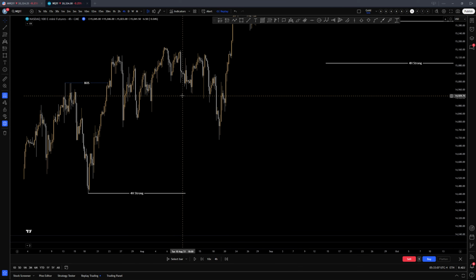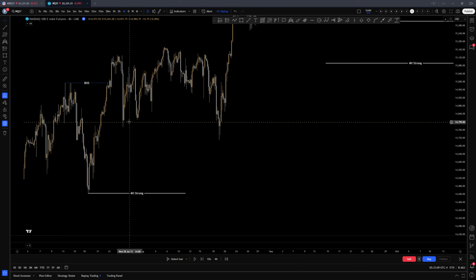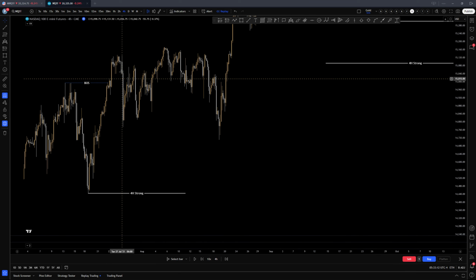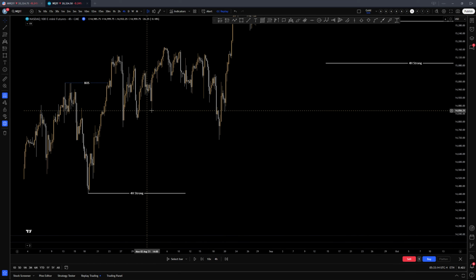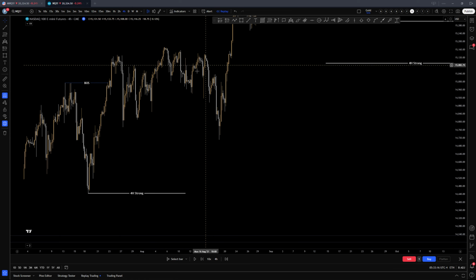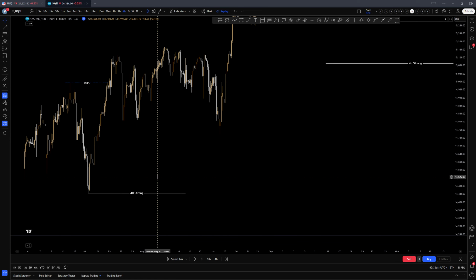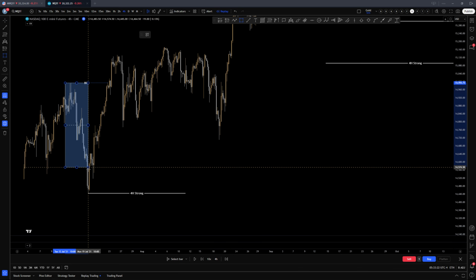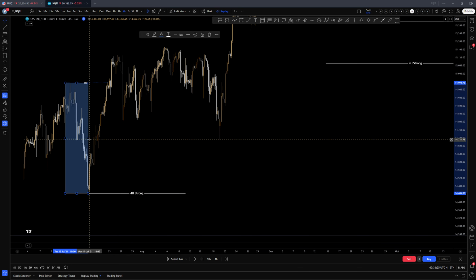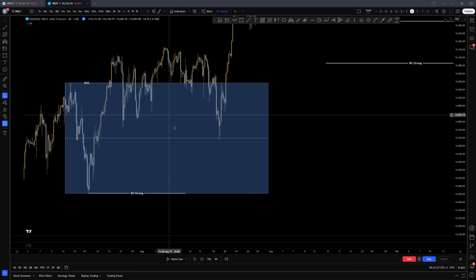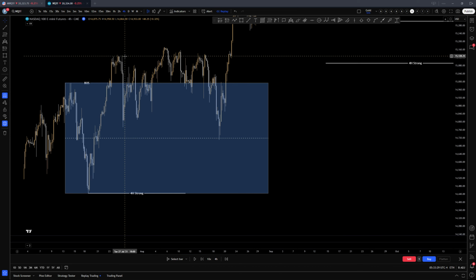Obviously this part of the lesson is not in bar replay, but we've got to start somewhere. What we're looking at for a pullback is some kind of pullback, preferably into the previous zone, and that zone would be where we drew our box. Now, it doesn't have to be into the zone, but it's definitely a good reference point.